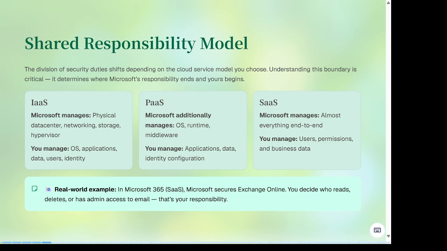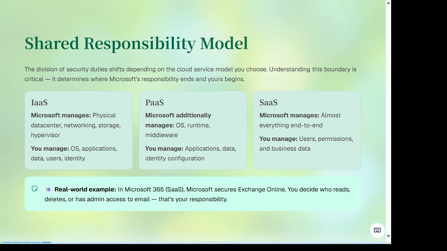Infrastructure as a service, IaaS. In infrastructure as a service, Microsoft provides the foundation. Microsoft is responsible for securing the physical data centers, networking infrastructure, storage systems, servers, and the hypervisor that runs the virtual machines.